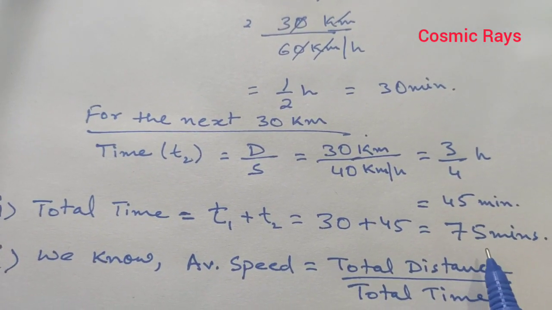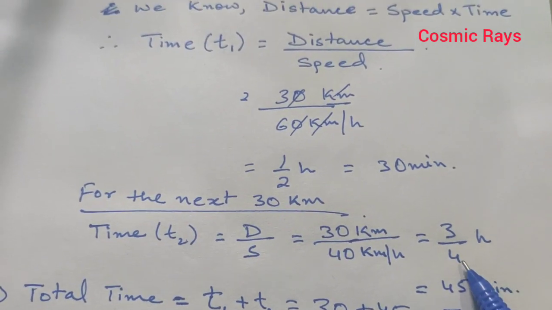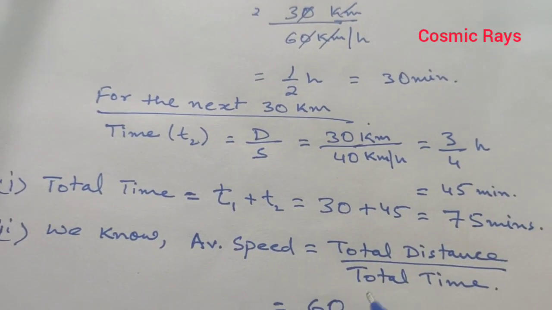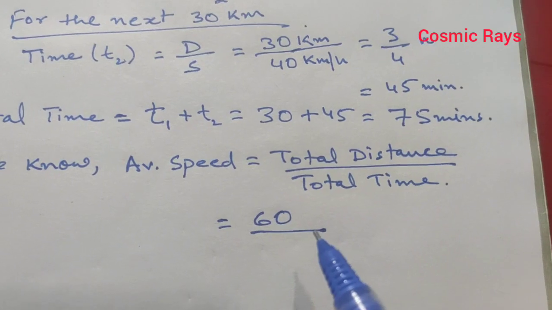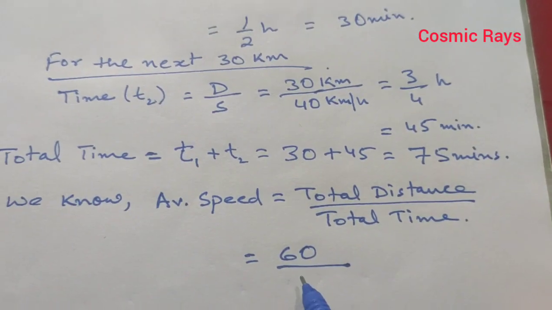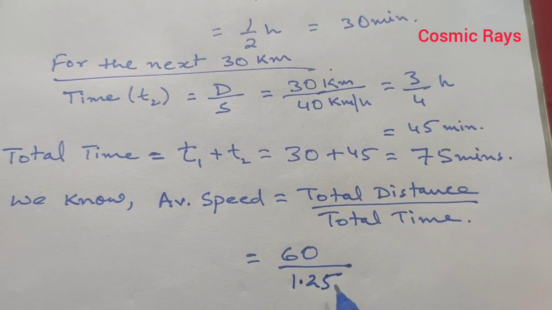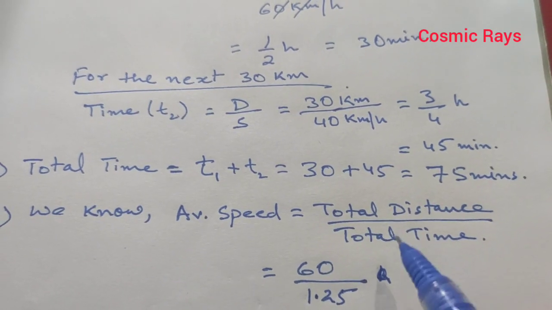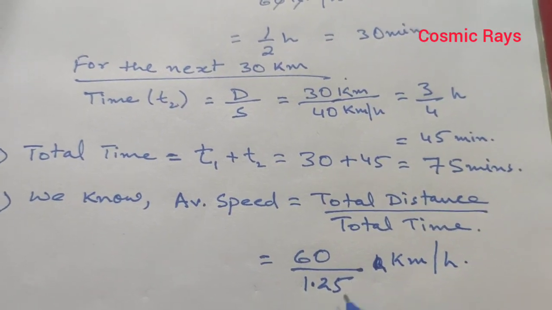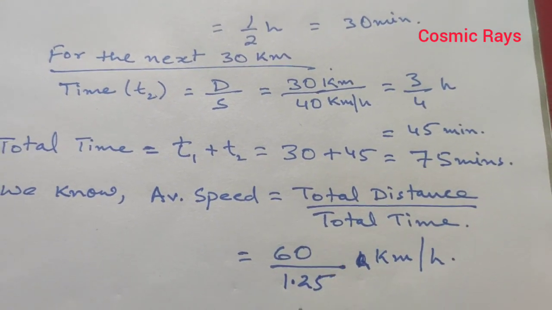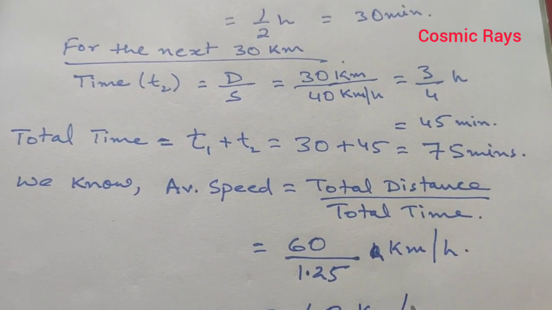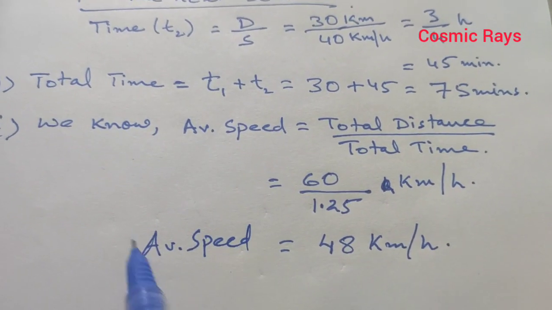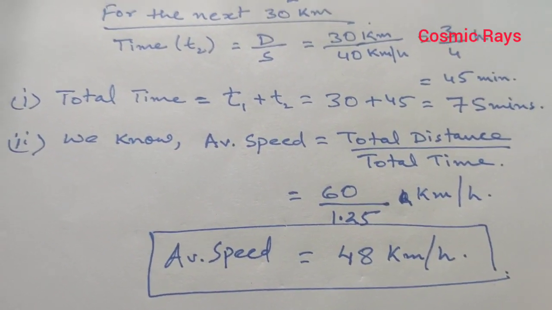You can divide it by 60, or you can add 3 by 4 plus 1 by 2, because these two are in hours. So we will get it as 1.25 hours. So after division we will get 48 kilometer per hour. That's the average speed. So this is the answer.